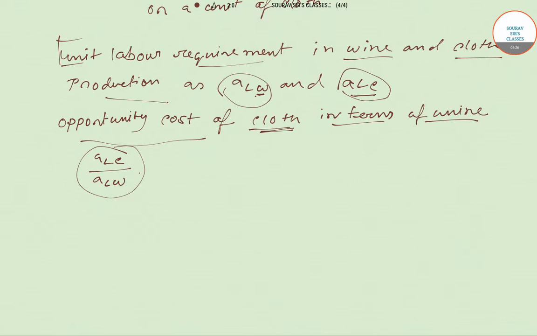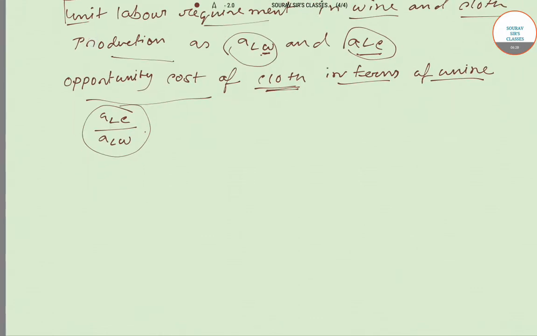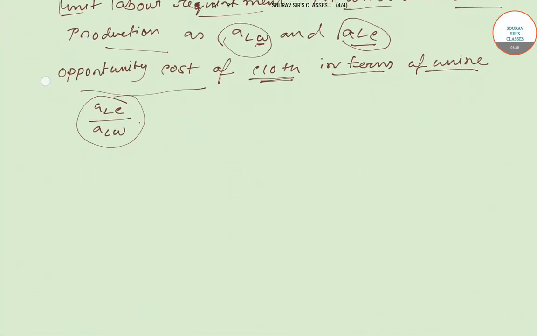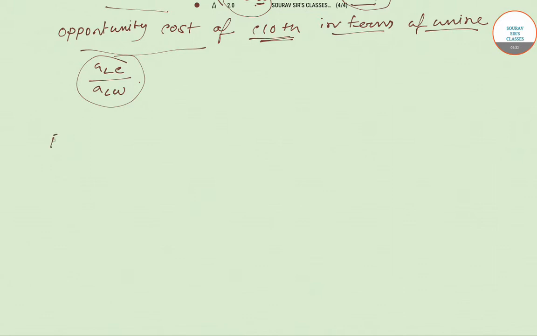Now the economy's total resources are denoted by L, which is the total labor supply.